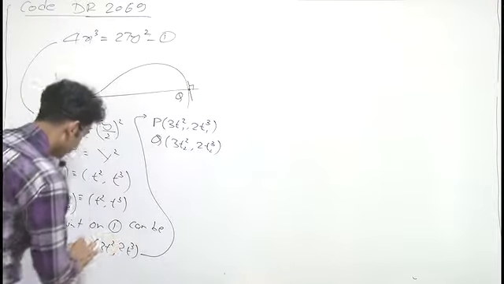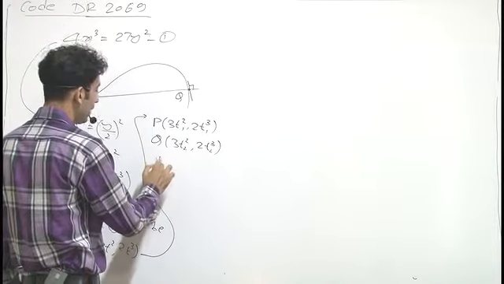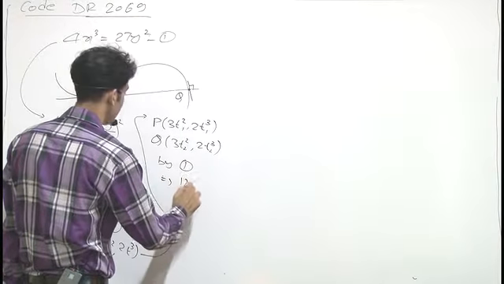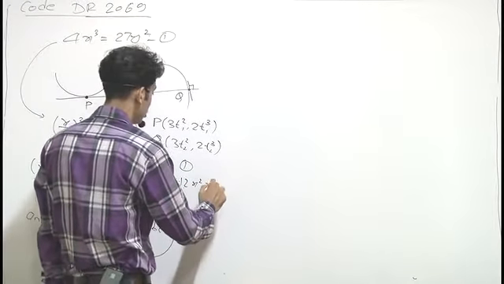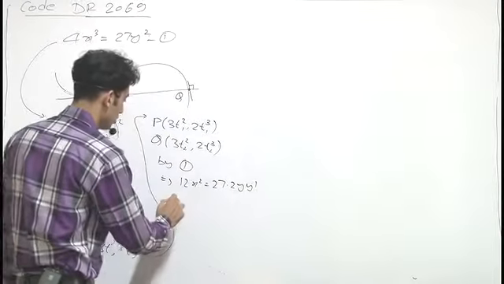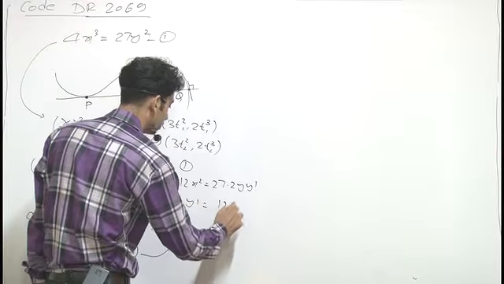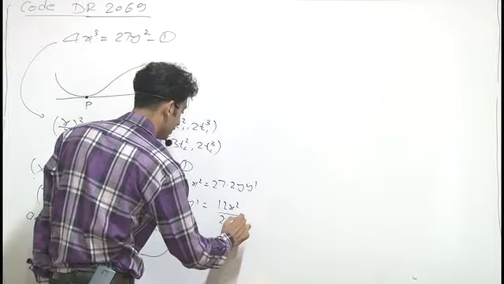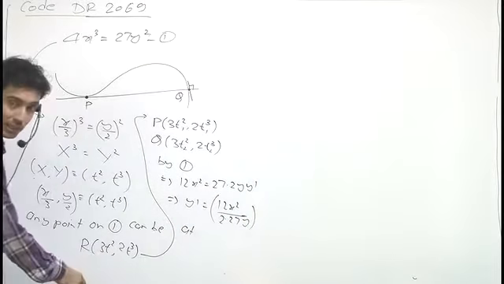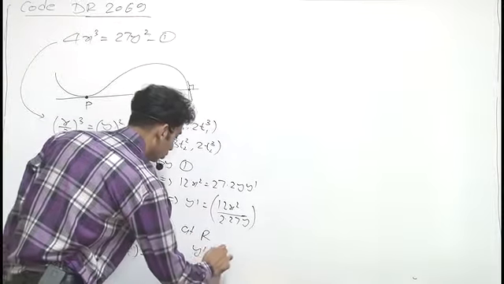So by the given curve number 1 we have 12x square equal to 27 into 2y dash. So y dash equal to 12x square upon 2 into 27 y at some arbitrary point R. At point R, y dash equal to t.